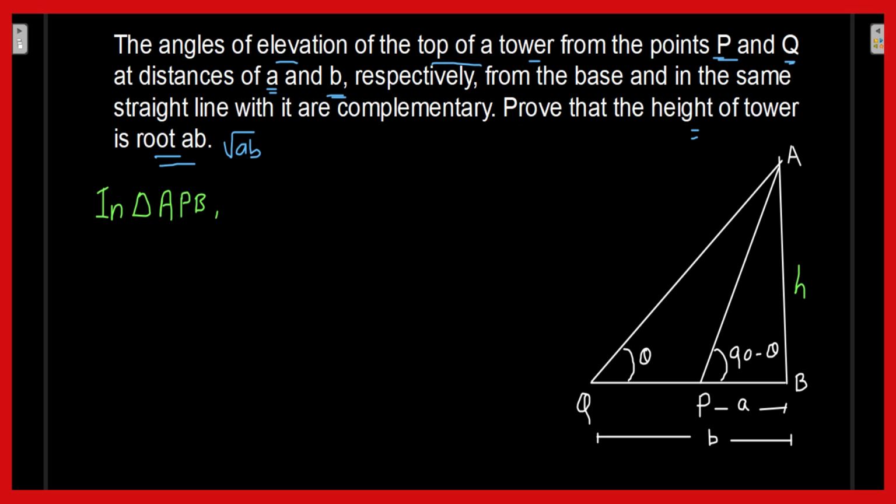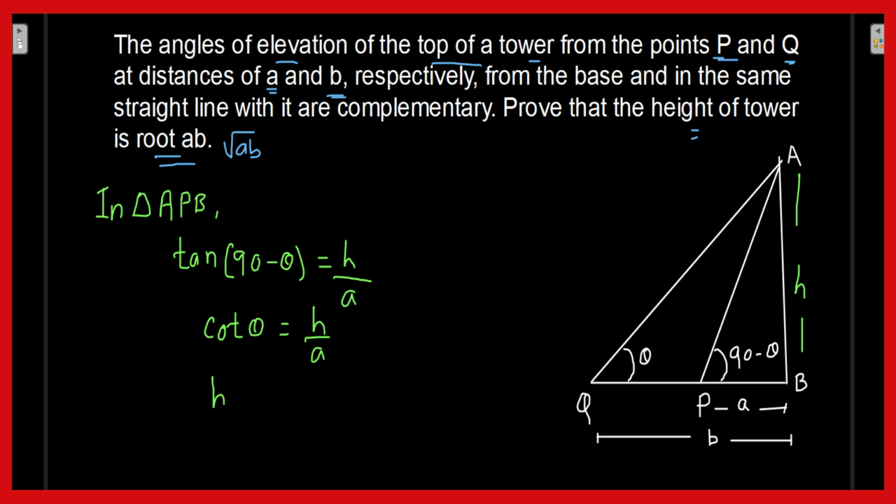Let the height of this tower be H. So opposite side is H. So tan of 90 minus theta is equal to H upon adjacent side, PB, that is A. Now tan 90 minus theta is cot theta. So it will be cot theta, which is equal to H upon A. And take A to this side and you will get H is equal to A cot theta. Let this be equation number 1.